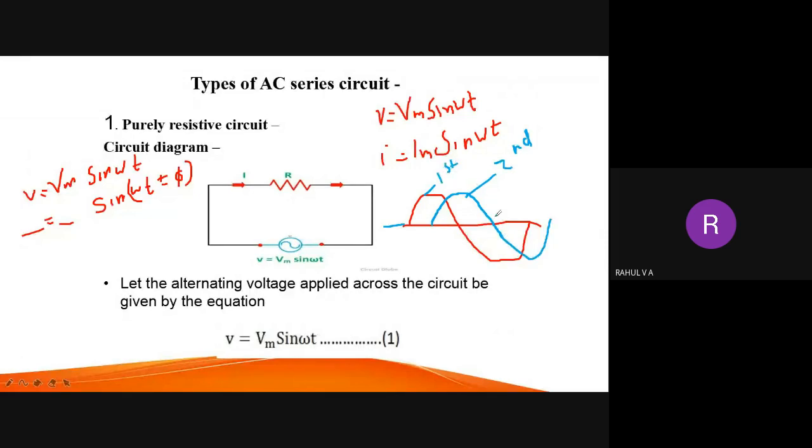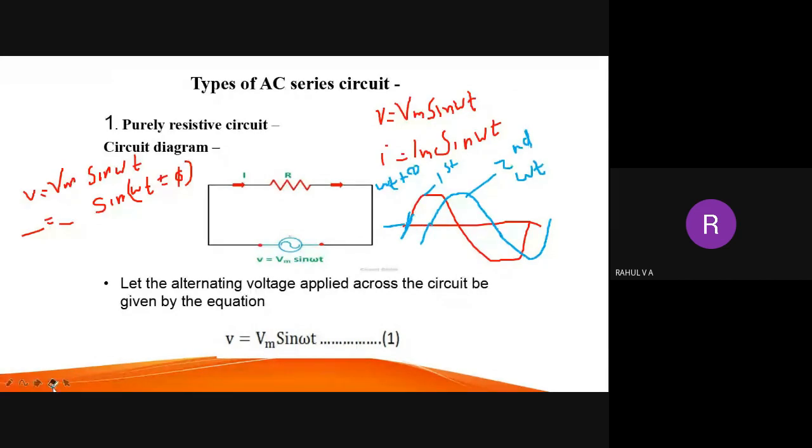So if this is omega t and this is omega t plus 90 degrees, you can look into this diagram. Which one is crossing zero first? The waveform in red color crosses zero first before the other waveform. That means we can say that the first waveform is leading and the second waveform is lagging.